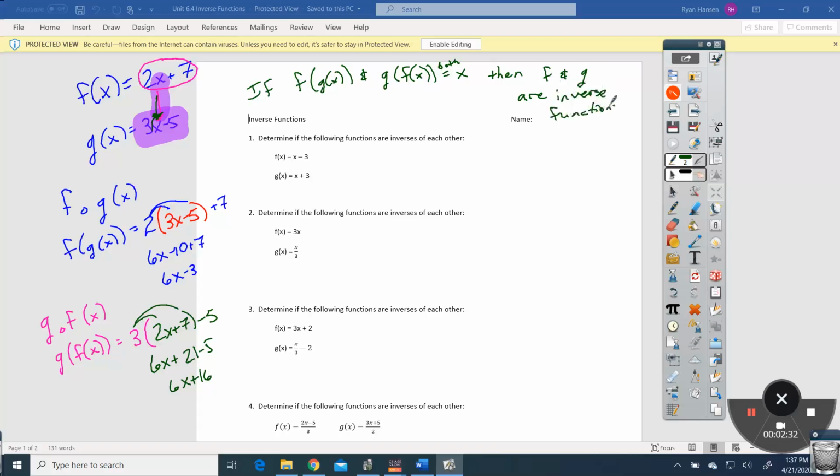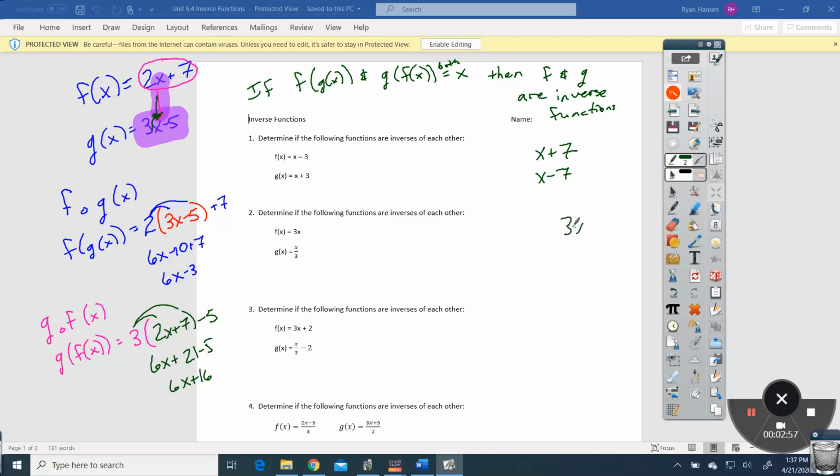What inverse means is it undoes what the other does. For example, if I have x plus 7, what undoes plus 7? Minus 7. So they undo what the other has done. Much like when we have 3x equals 15, to undo the multiply by 3, we divide by 3, and x equals 5. The undoing to get x alone is what the inverse is.